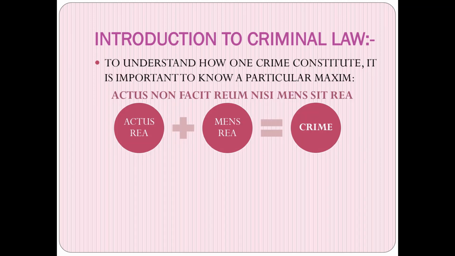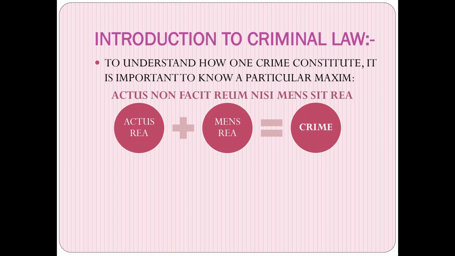To understand what is crime, one has to know Actus non facit reum nisi mens sit rea. In the Indian Penal Code, this is the very first chapter where this maxim has been stated. So, understanding this maxim is very important to understand what is the crime.